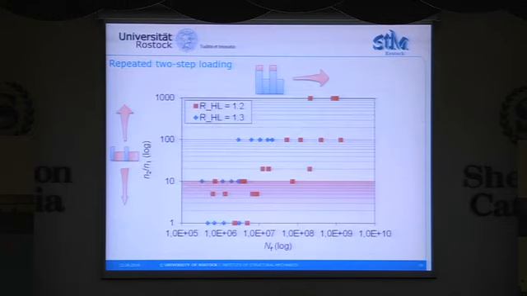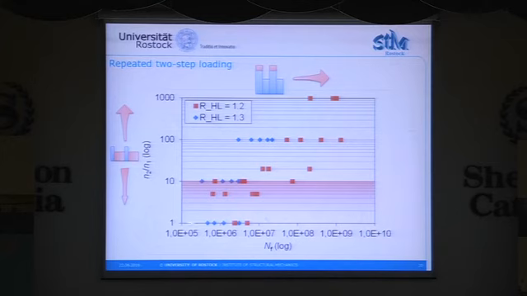Here are the results of these repeated two-step loadings. On this scale you can see the block length ratio, and on this axis the number of cycles to failure. Depending on the block loading ratio which is applied, below the block length ratio of 10 there is nearly no influence of the block loading ratio, and also nearly no influence between 1 and 10 block length ratio.